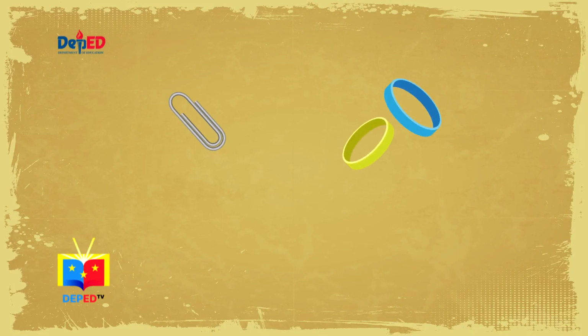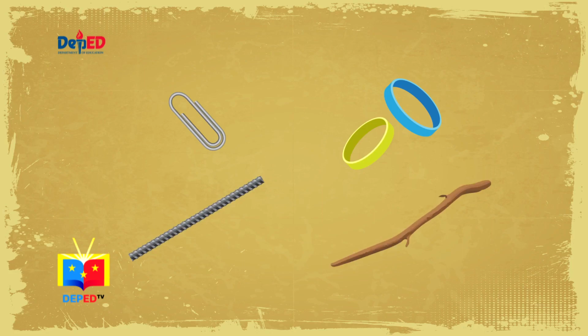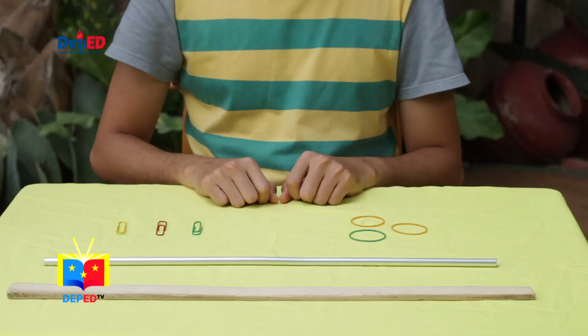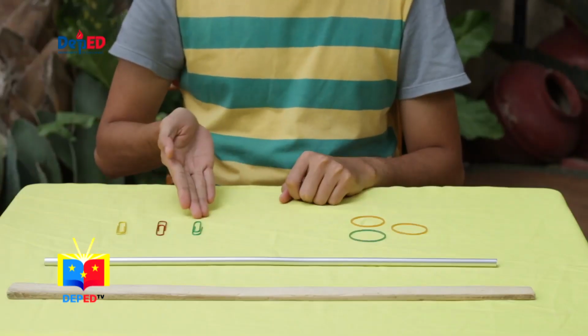Let's find out more. With the given materials like a paper clip, rubber band, aluminum rod, and wooden stick, what can we do to change the characteristics or properties of these materials? Let's start with the paper clip.